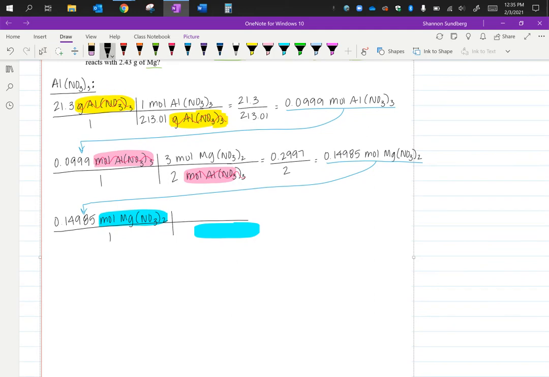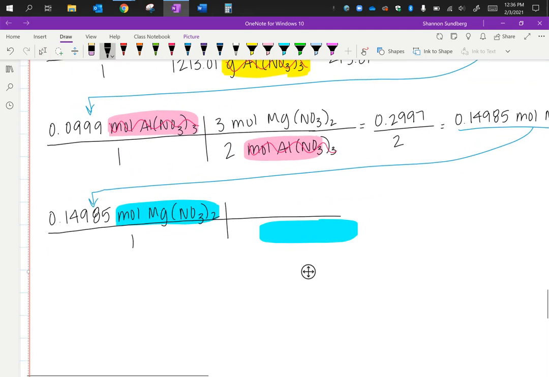So I'm going to pop that in right down there. 1 mole goes on the bottom because that's the unit I want to get rid of. And then 148.33 grams goes up.